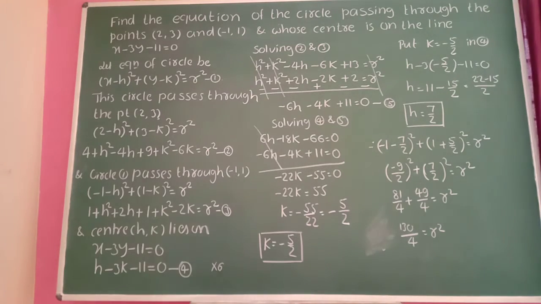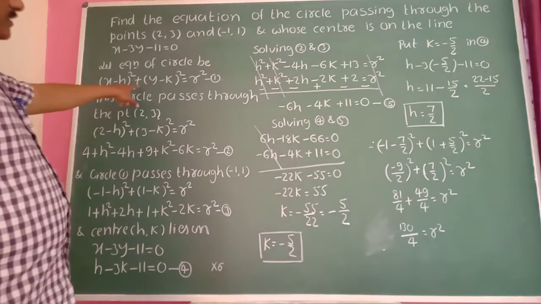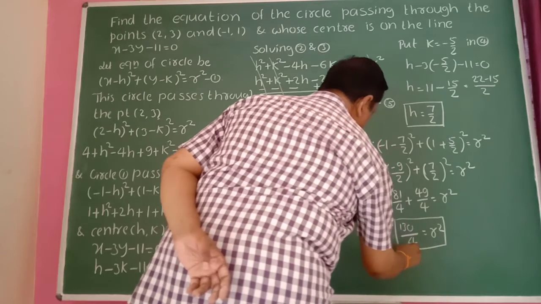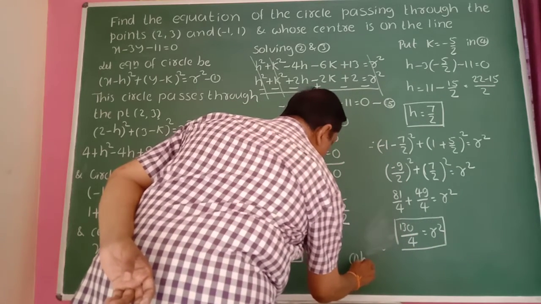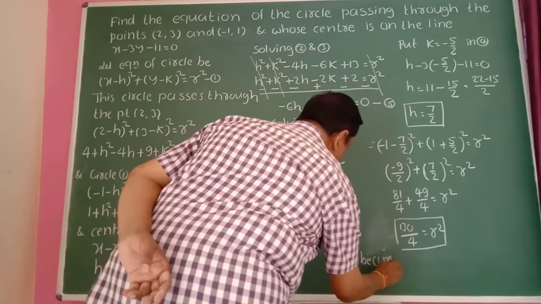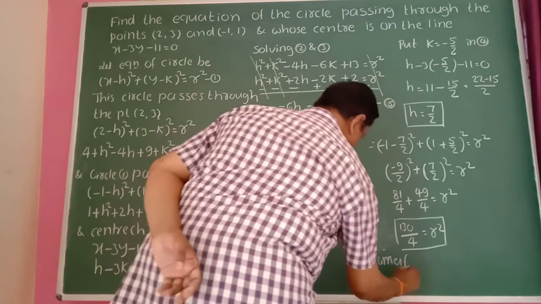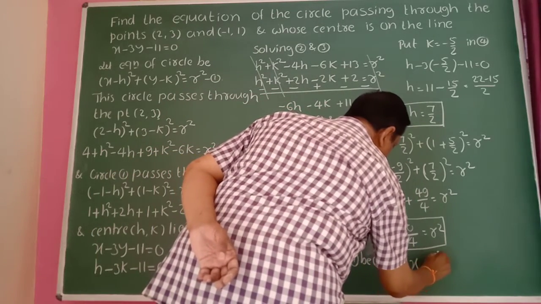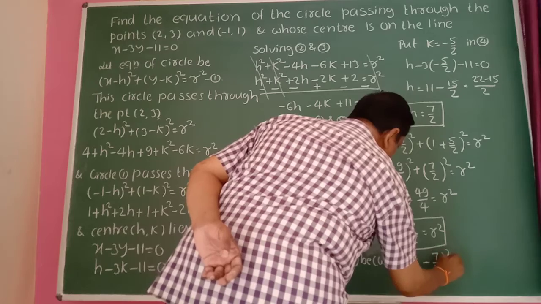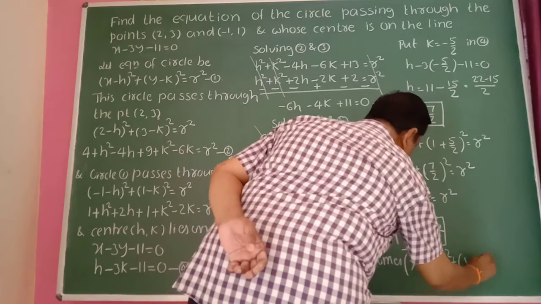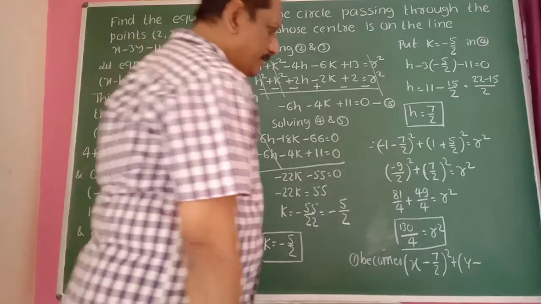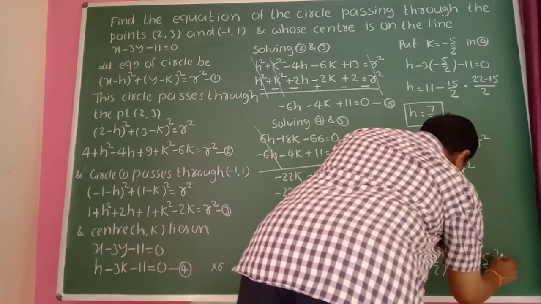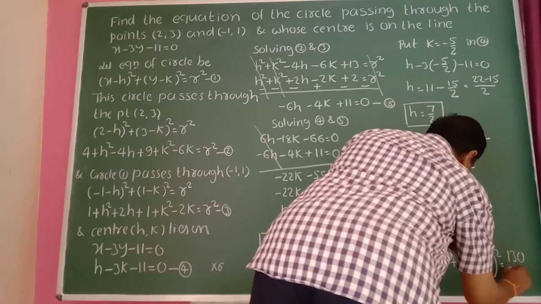So substitute these three values in equation 1. This is the value of r square. Therefore equation 1 becomes x minus h, that is 7 upon 2, whole squared, plus y minus k, that is minus 5 by 2, so plus 5 by 2, whole squared, is equal to 130 divided by 4.